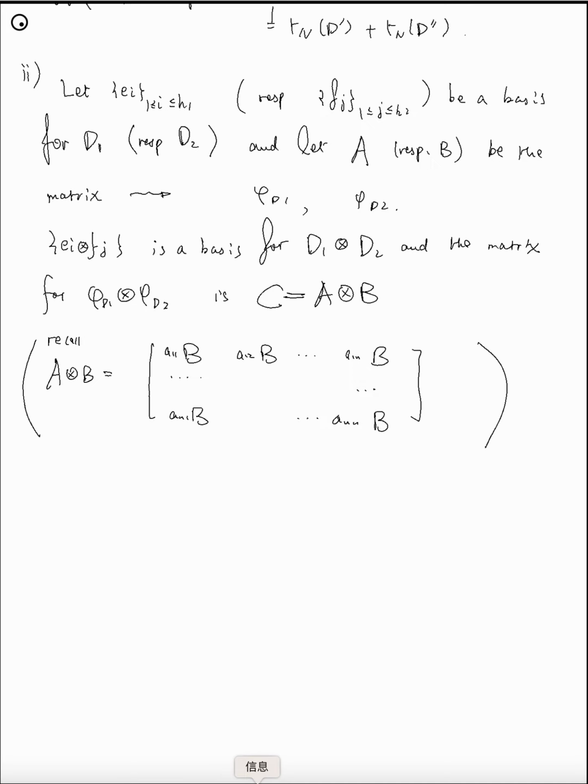This fact also tells you how the determinant of this Kronecker product relates to the determinants of A and B. The relation is given as follows.